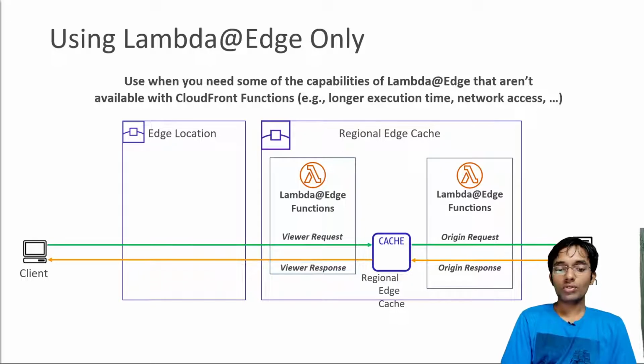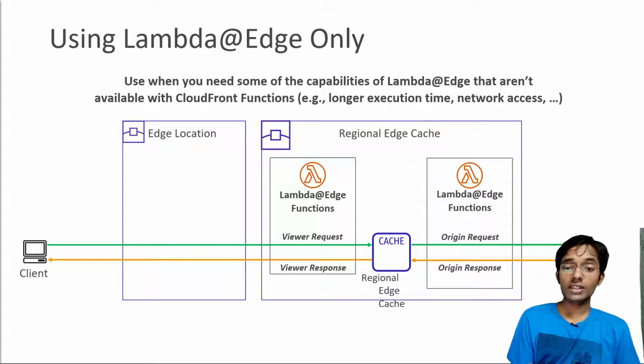But if you want to just have Lambda@Edge functions, then in that case the Lambda@Edge functions are going to operate on both the viewer request and response and the origin request and response, but only at the regional edge cache level.